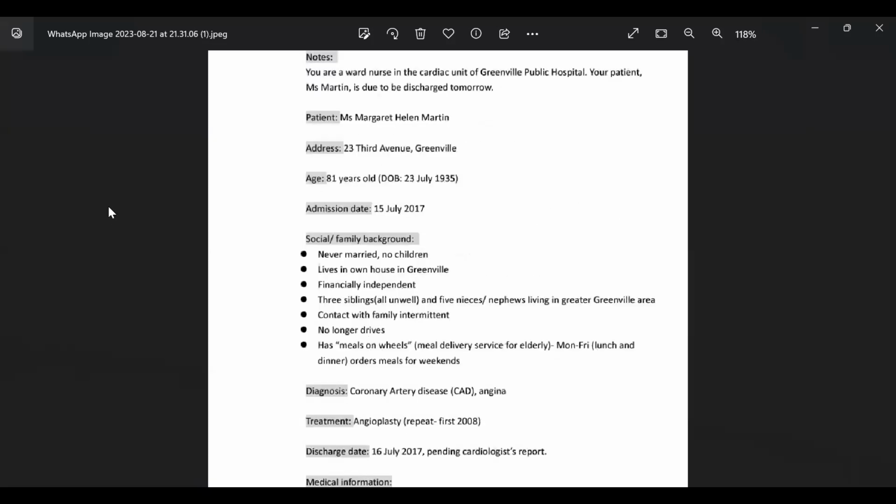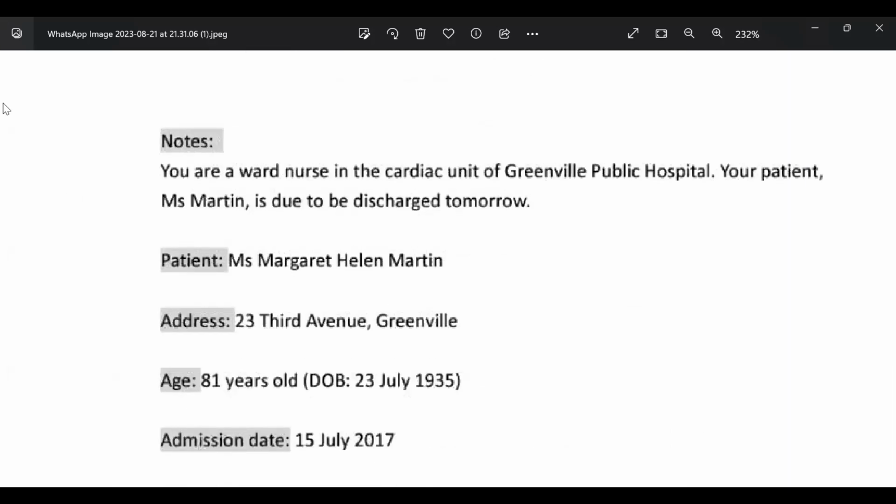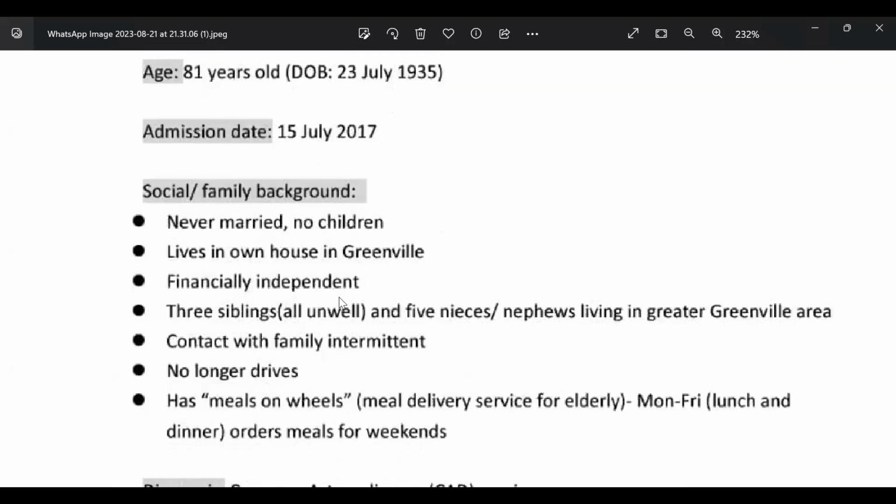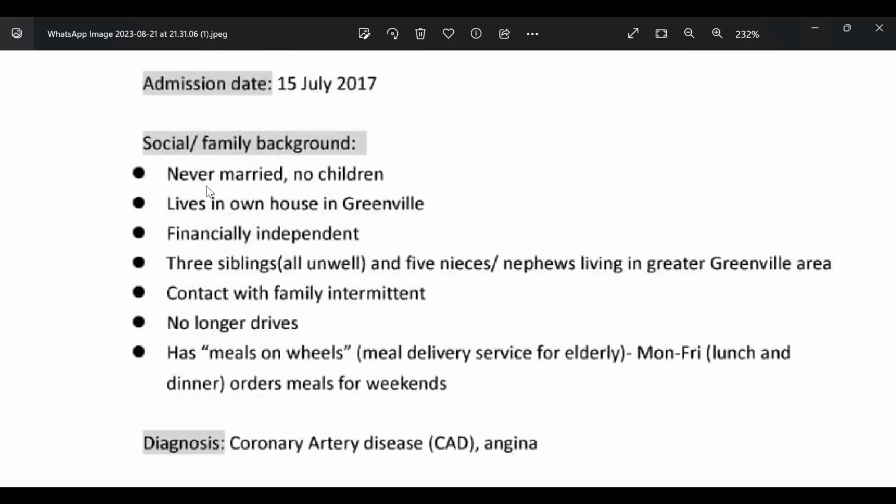Now we can see the first page. You are a ward nurse in this unit and the patient is being discharged. So these are the basic details of the patient. In a nursing letter of discharge, socioeconomic details are important, but we have to see where we should write them down. Here, the patient never married, has no children, lives in his own house in Greenville, is financially independent, and has 3 siblings.